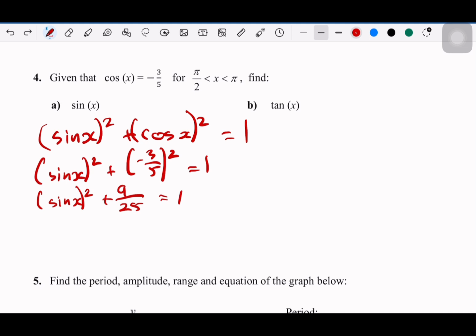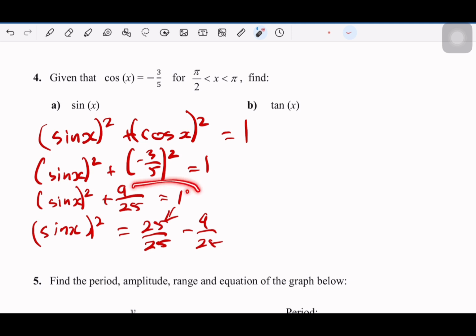And after you get that, you can do sine x squared equals 25/25 in order to match the denominator. You get that from the 1, minus 9/25, since you've moved the 9/25 to the other side, and it becomes a minus.